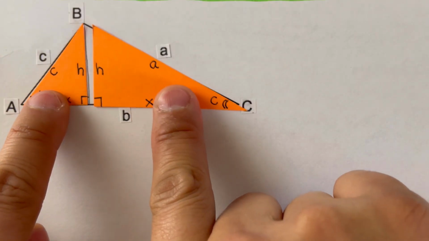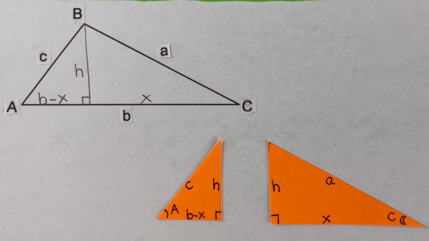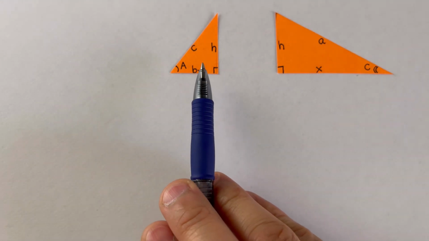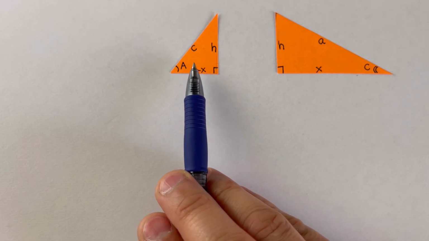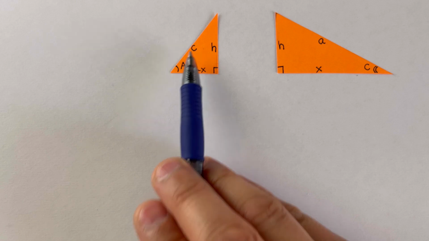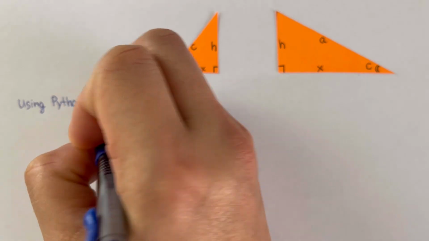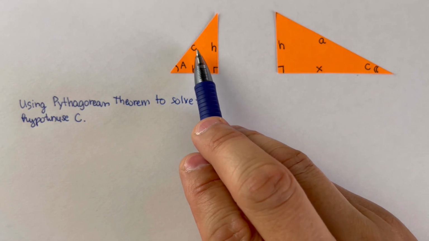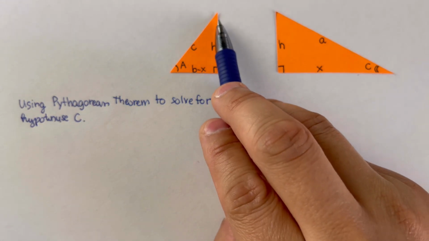We are going to examine these two triangles so that we are able to derive the formula for the law of cosines. Let's start with the triangle on the left. We are going to use the Pythagorean theorem to solve for this hypotenuse C. This is the hypotenuse and these are the two legs of the triangle.